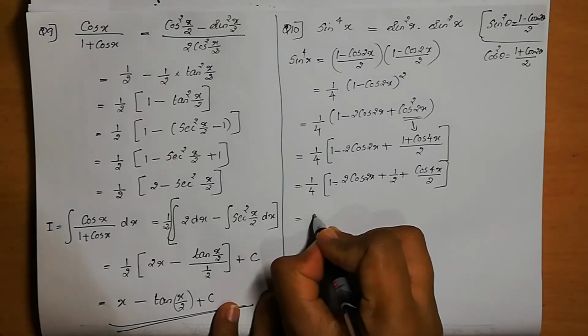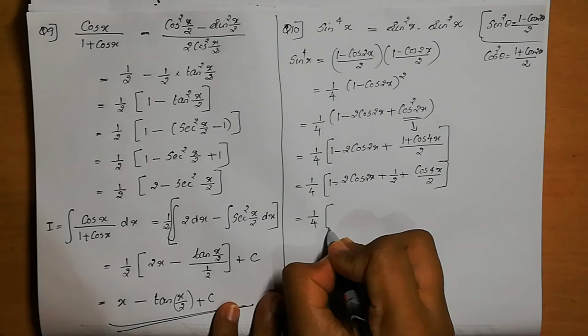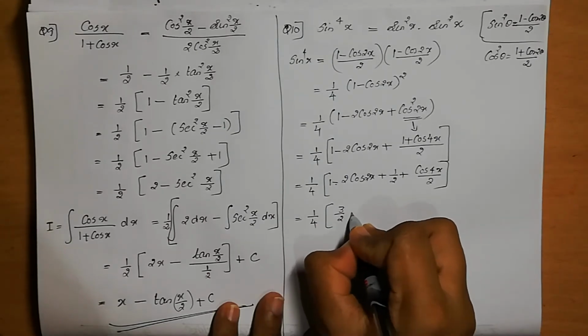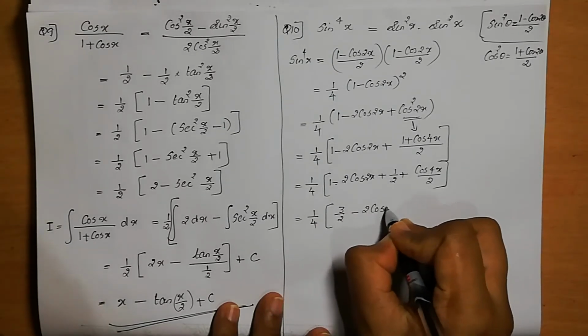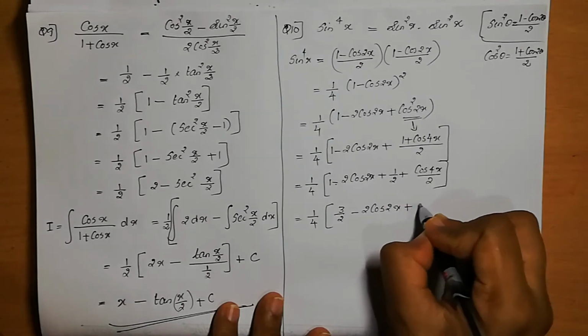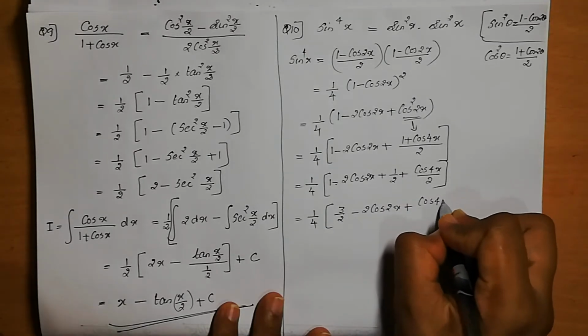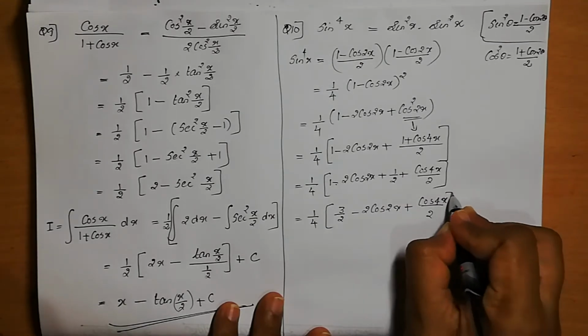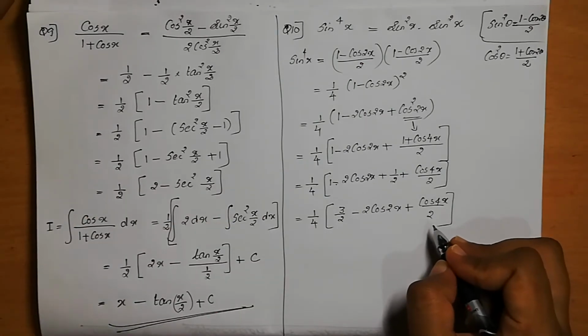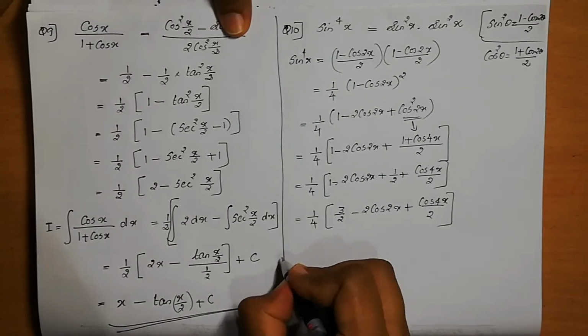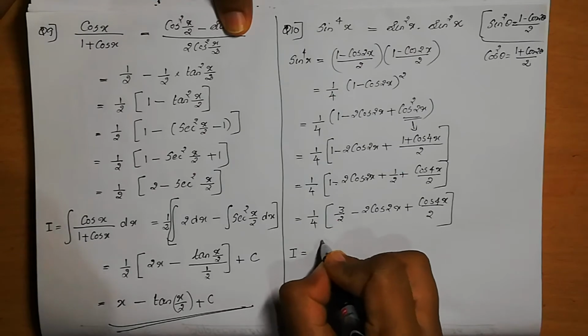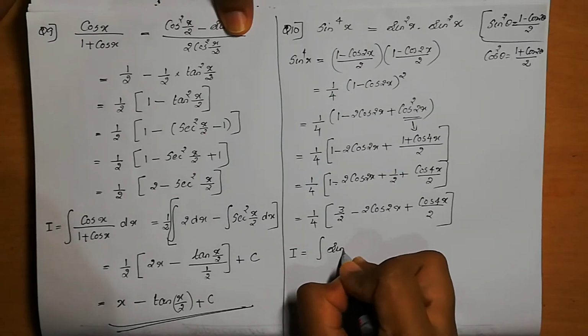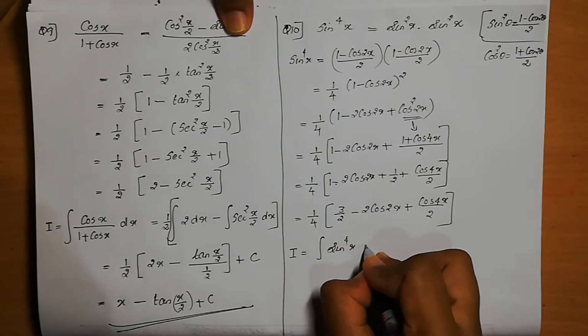So 1 by 4, 3 by 2 minus 2 cos 2x plus cos 4x by 2. Now we can do the integration, correct? So now we can apply the integration: I equal to integral sine power 4x.